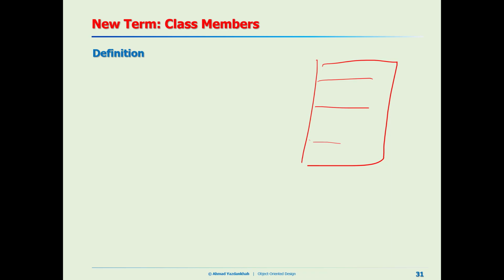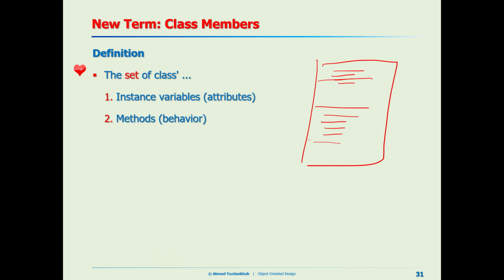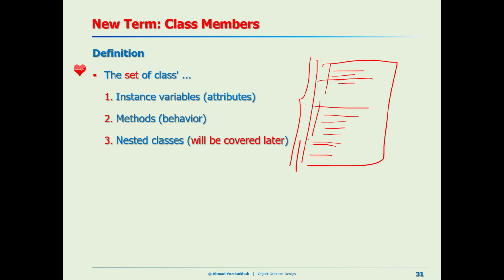The instance variables we put here, some methods we put here, and also some nested classes that I will cover later, so probably you put them here. All of these instance variables, methods, and nested classes, we call class members. Now let's see what class member visibility is.